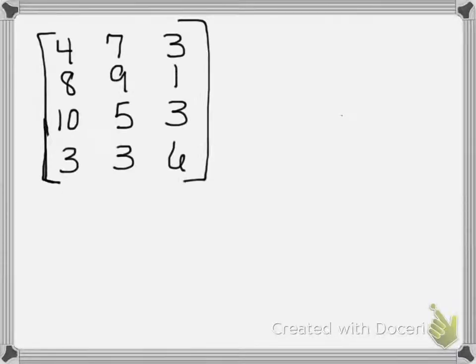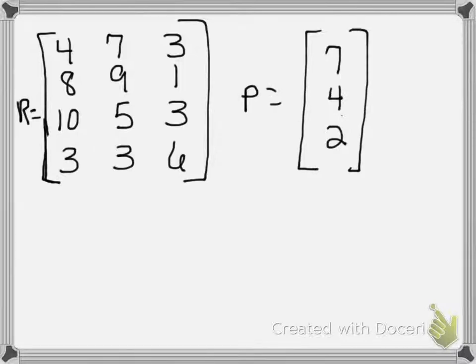I'm going to recopy the matrices down here. And we've already determined that this is a 4 by 3 and the matrix P is a 3 by 1, so we can multiply these two together. So you try to do that.